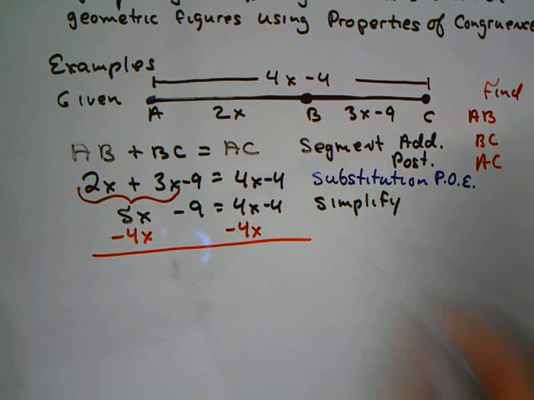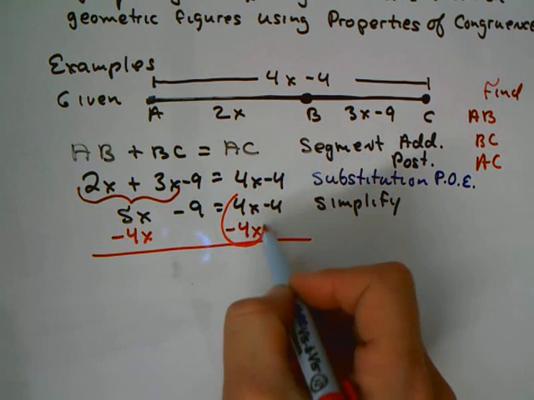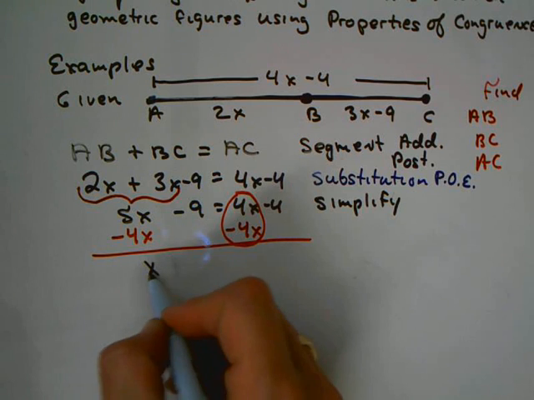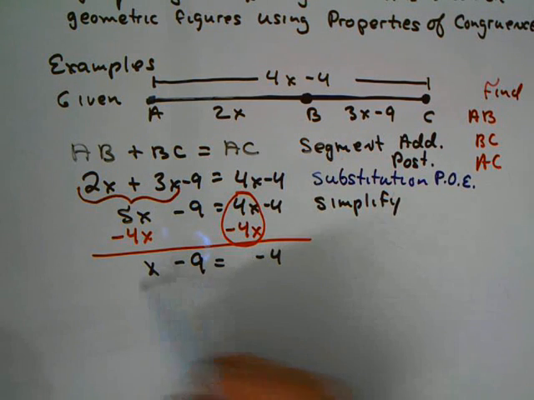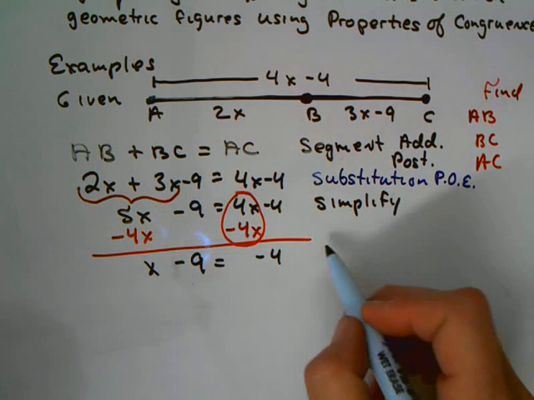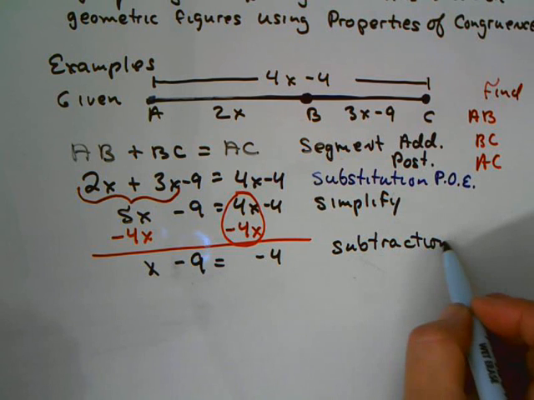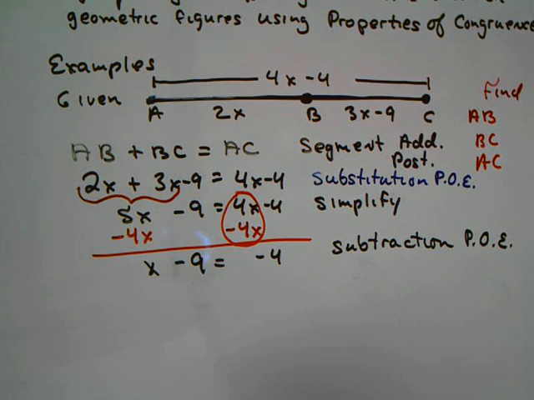I took the 4x away because it's smaller than 5x, and I like to have a positive x term. So that becomes 0, and I have x minus 9 equals negative 4. You call it 1x, but x and 1x mean the same thing. And what I just did was subtract, so that's my subtraction property of equality.